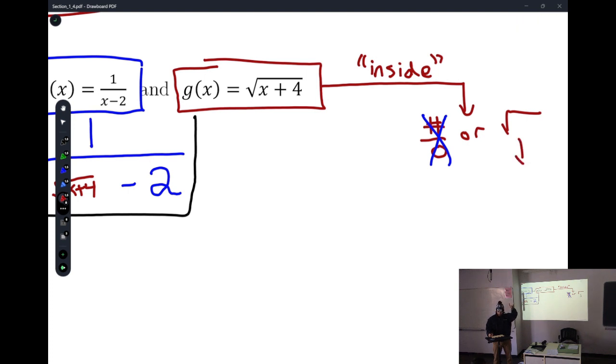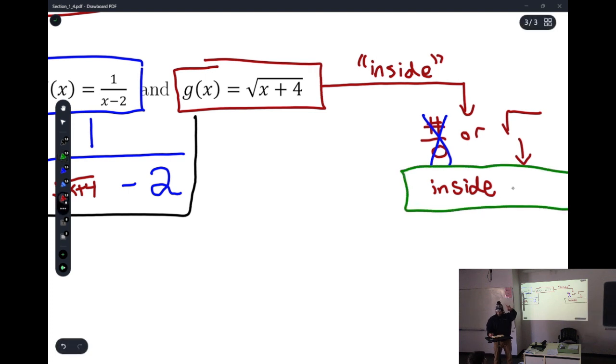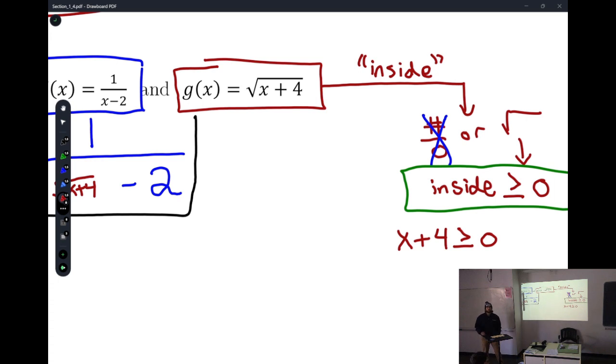And with the radical, this is the step that we're forgetting or not remembering. This is the big step. This is the important step, is to know what's in this box right here. The inside has to be what? Greater, not equal. Greater than or equal to 0. You said that already? Oh, tough. So x plus 4. That's the jump to. That's where we want to jump really fast and be able to do.